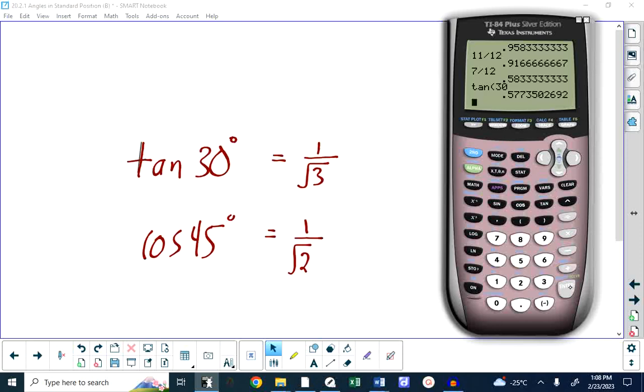Now, what's interesting here, I think it's interesting, is if I try to convert this to a fraction, I can't. And that tells me that the tangent of 30 degrees is an irrational number. It goes on forever. And we'll review a bit of irrational numbers today, but let's take 1 divided by the square root of 3 and see what we get.